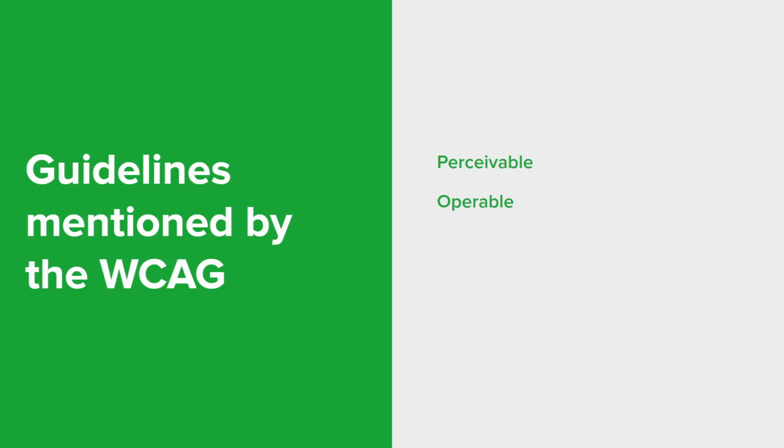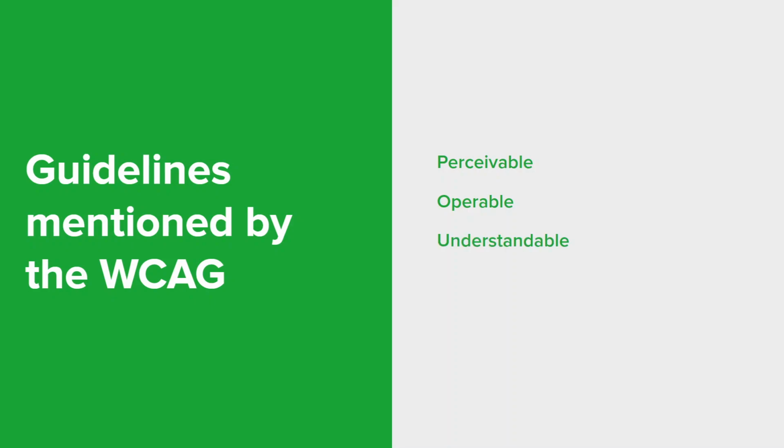You also want to make sure that content is operable, and by this it means making sure all functionality is available from a keyboard, provide users enough time to read and use content, don't use content that causes seizures or physical discomfort, and provide ways to navigate, find content, and determine where they are.